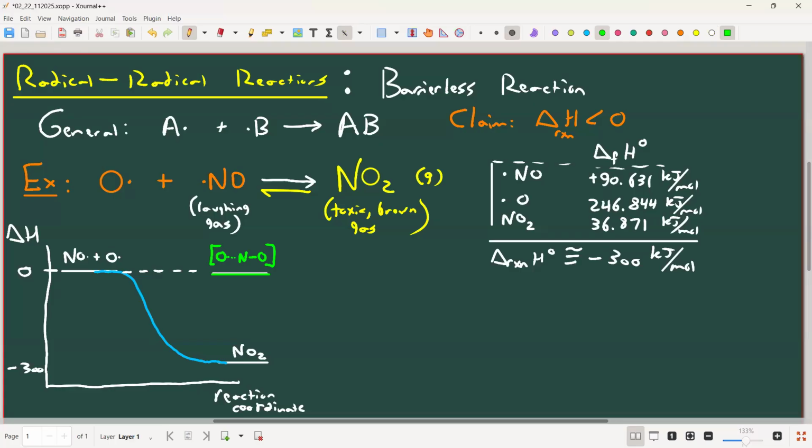Remember, the energy is conserved. We haven't lost any energy yet. All I'm saying is that we're bringing NO and O together, and the energy doesn't rise when they come together. In fact, it falls. And so there's some excited energy here, right? This is NO2 with the amount of energy that the NO and the O bring to the table.